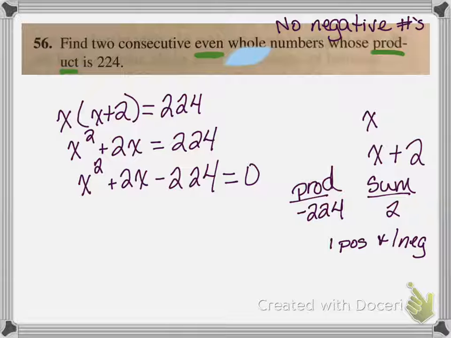What's a number close to 15? 12. Okay, what about another one? What's another number to check? 14. What would be another number to check? 16. Okay, so knowing that, tell me what my numbers are.